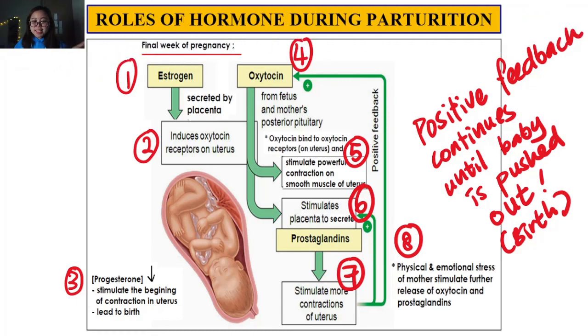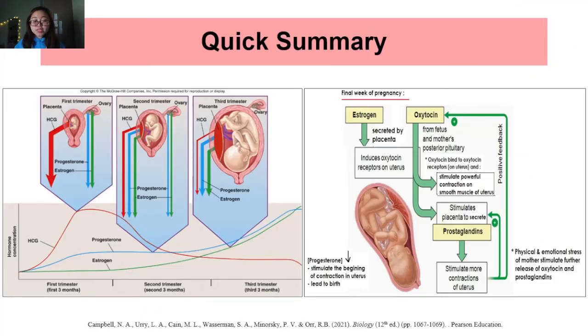So yeah, that's it. That's how you look at this flowchart to look at the roles of hormones during parturition. We focus more on estrogen, oxytocin, and prostaglandins, a little bit on progesterone. So, a very quick summary of what we learned in this subtopic. We talked about the roles of hormones during pregnancy. We divide that into the first, second, and third trimester.